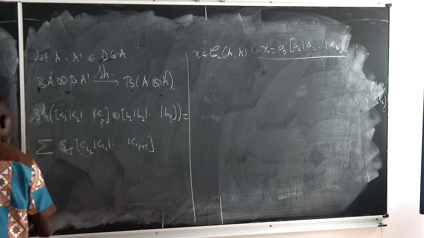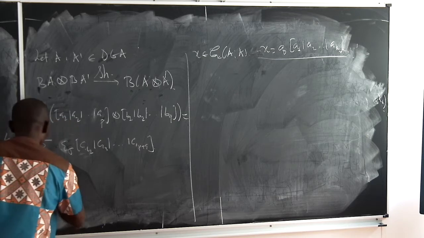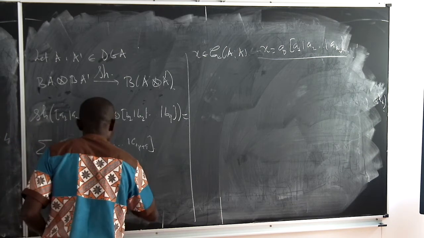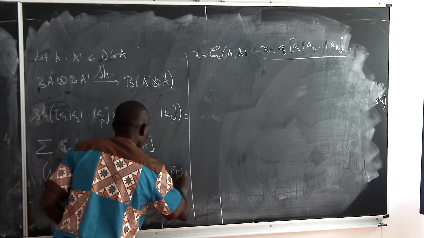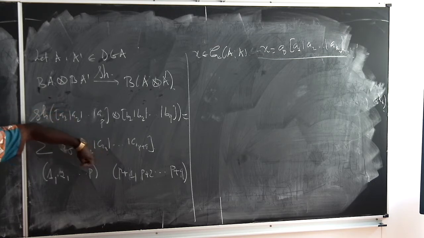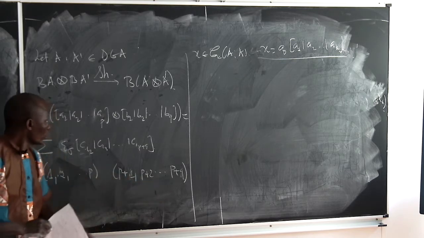The sum is running on the permutations such that 1, 2, up to P and P plus 1, P plus 2, up to P plus Q appear in this term exactly in this order. It means that we consider all the permutations where 1, 2, 3 up to P appear in this order and the other ones appear in this order, something like this.